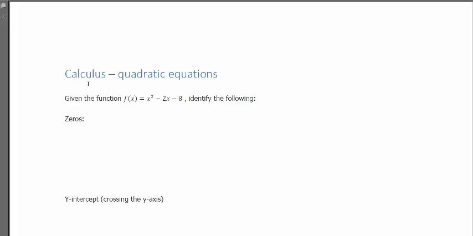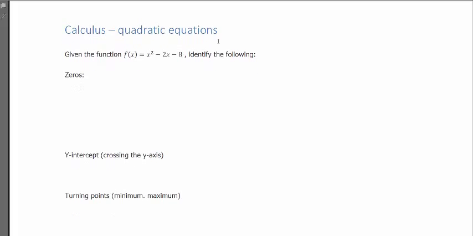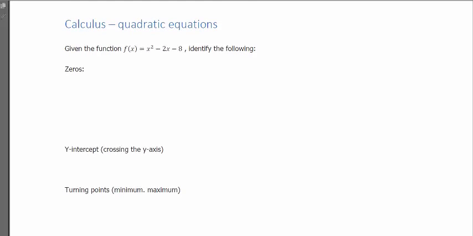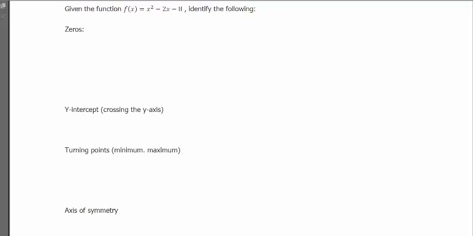Okay, let's have a look at some quadratic equations. In this example, they want us to have a look at this equation, x squared minus 2x minus 8, and identify the following. First, zeros, and then y-intercepts, so where the function is crossing the y-axis.